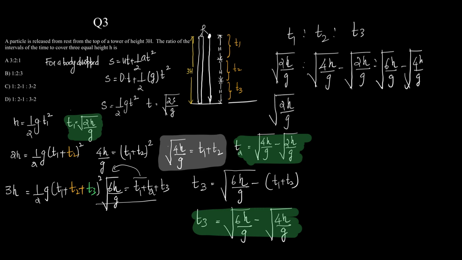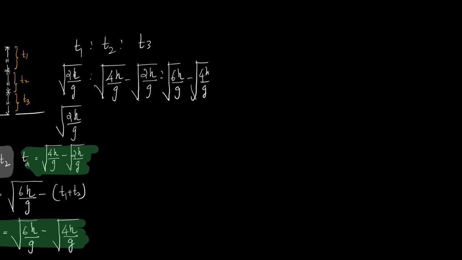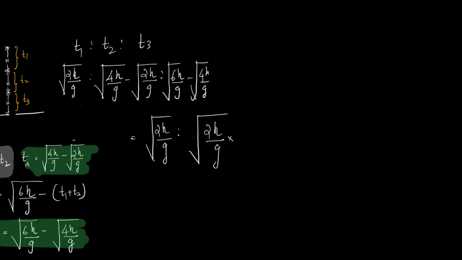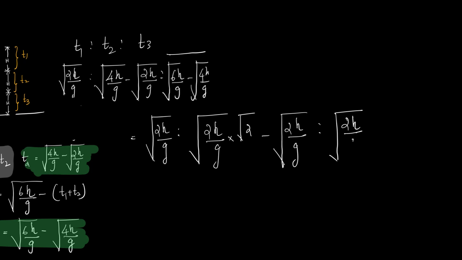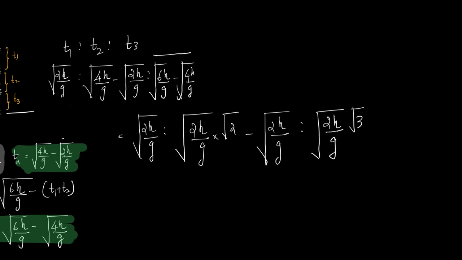So this will be equal to root of 2h by g is to, I'll write root of 4h by g as root of 2h by g into root 2, minus root of 2h by g is to, now moving to the third part, I write root of 6h by g as root of 2h by g into root 3, minus root of 4h by g, I'll write it as root of 2h by g into root 2.